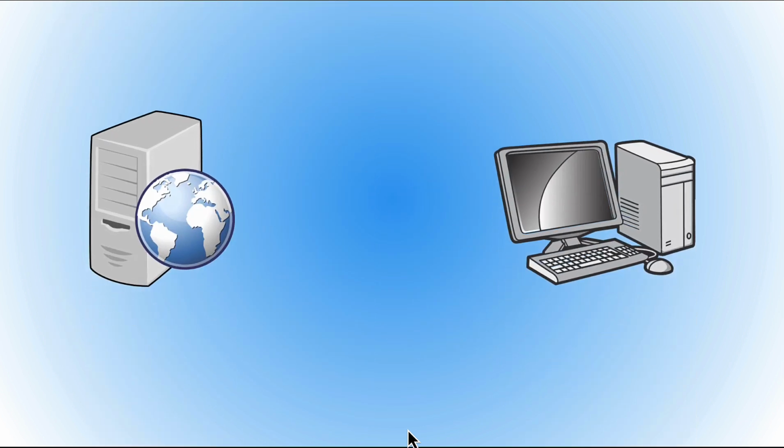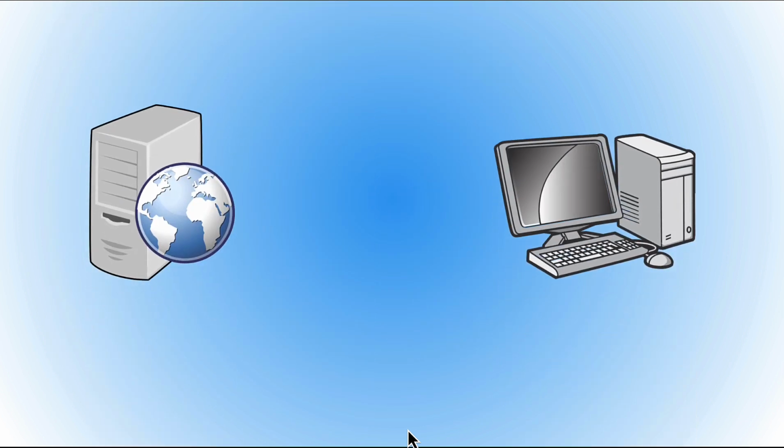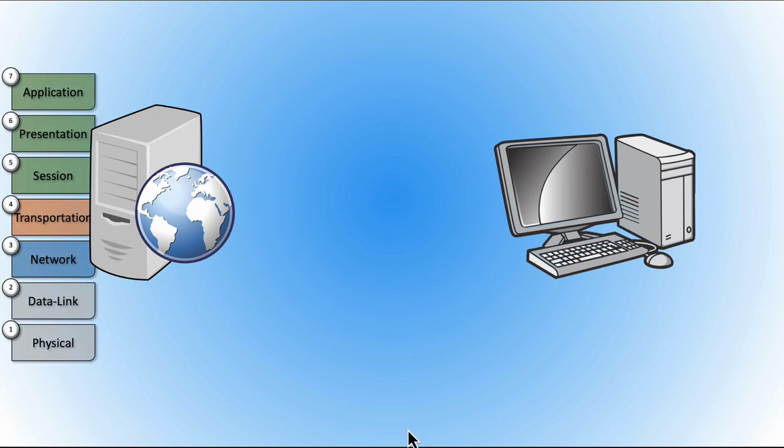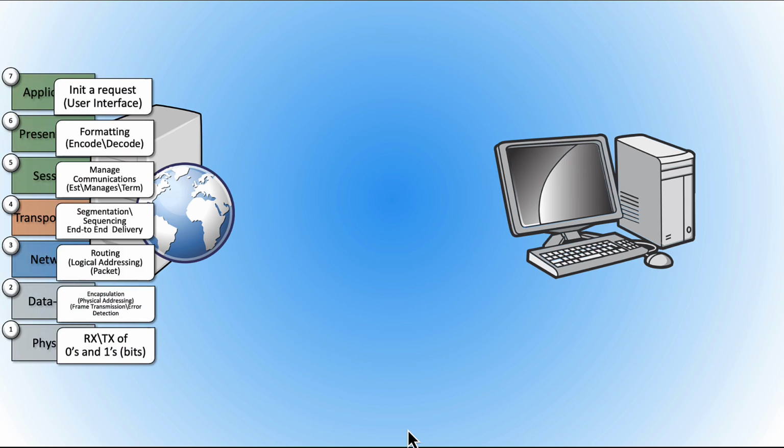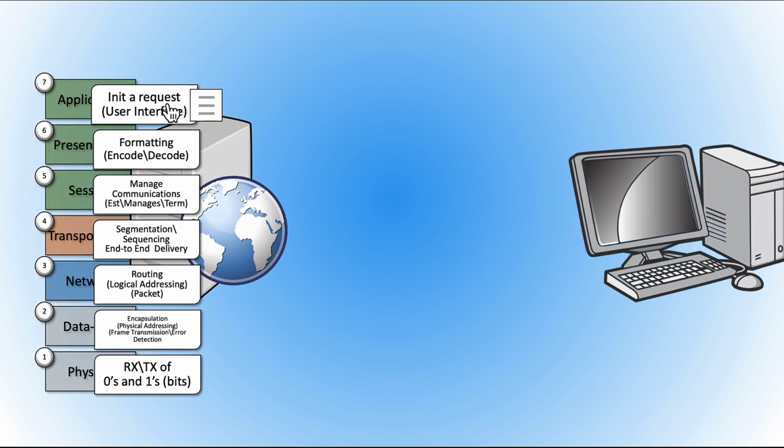To get a little bit of a better visual, let's say that you're on your computer, requesting to view a web page from a web server. We're going to have our 7-layer model there. These are all our steps, and if we take a closer look, the first thing we do is initialize the request. So it's getting the page that you want to view.